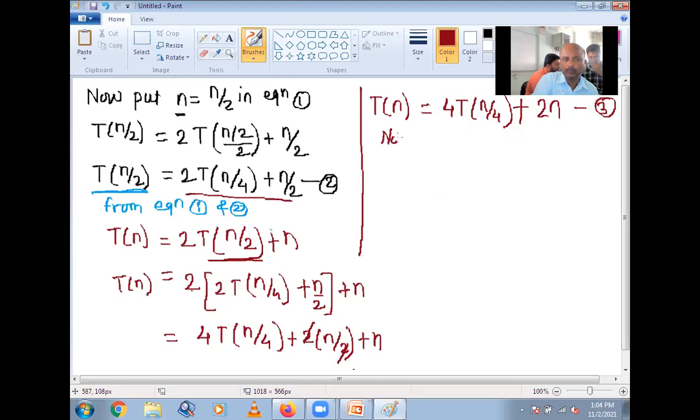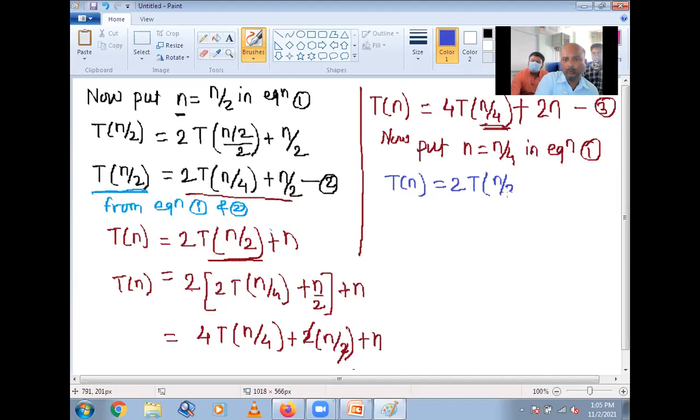Now put n is equal to n by 4 in equation 1. So I will write equation 1 as it is first. T of n is equal to 2 T of n by 2 plus n.